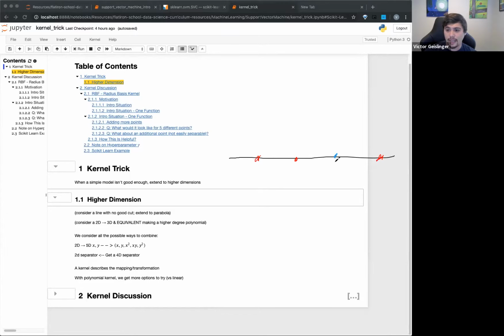Let's say this is x equals 0, and then this is negative, so -1, -2, and this is +1, +2. So it's on 1 dimension, right?